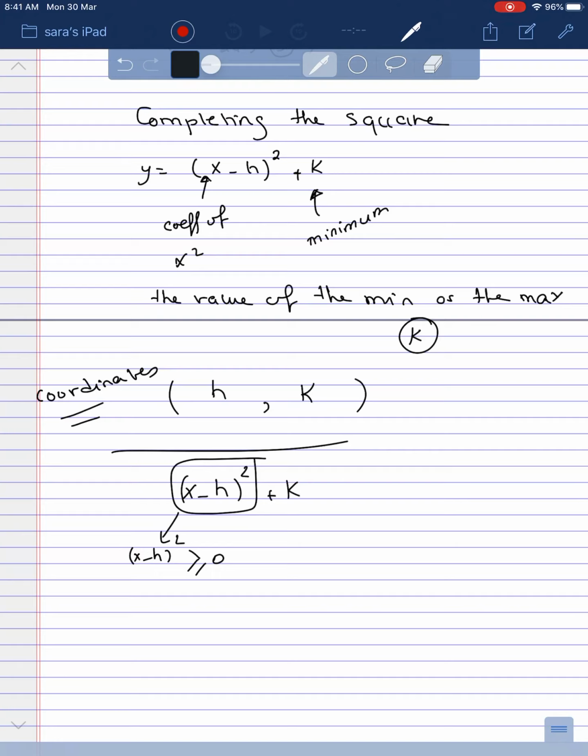So what is the least value that x minus h squared can be? It's 0, and it can be 0 when x is equal to h. So if this whole amount x minus h squared is 0, what will be the value of y? It will be k. So k is the minimum or the maximum. It occurs for the value of x which makes x minus h squared equal to 0.